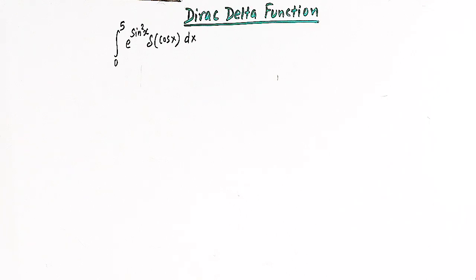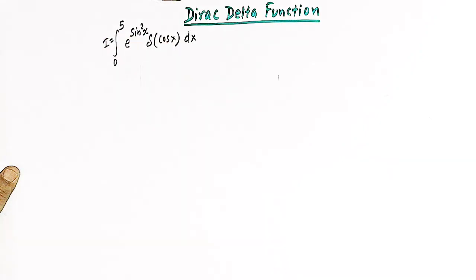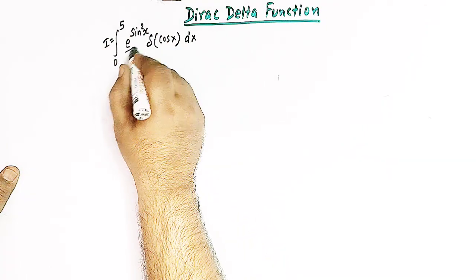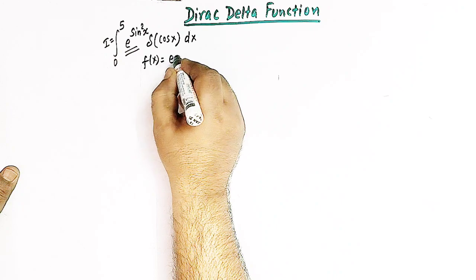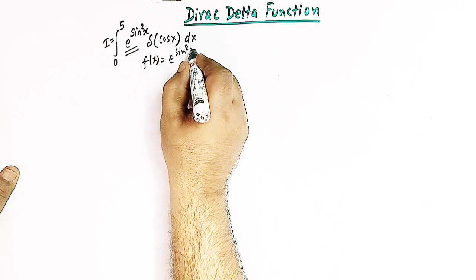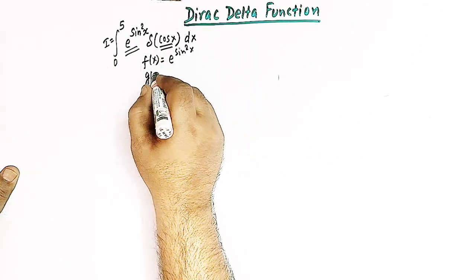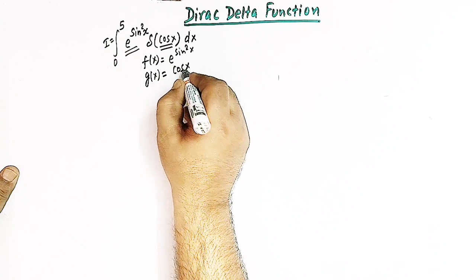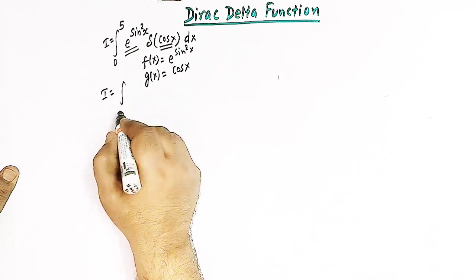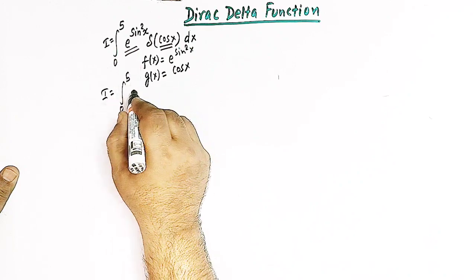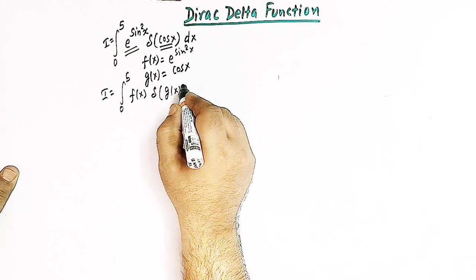So let us start. Let us first call this integral I. Here we can take this function e raised to sine square x as f of x, and let us take the function cosine of x as g of x, so that our integral becomes the integral from 0 to 5 of f of x times delta of g of x.